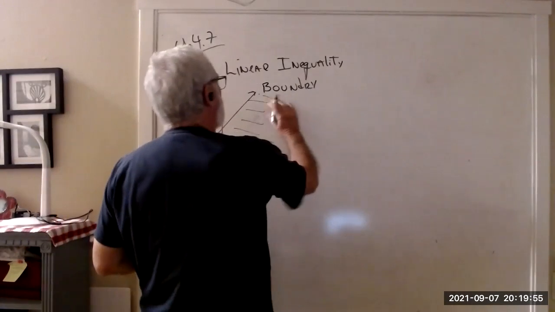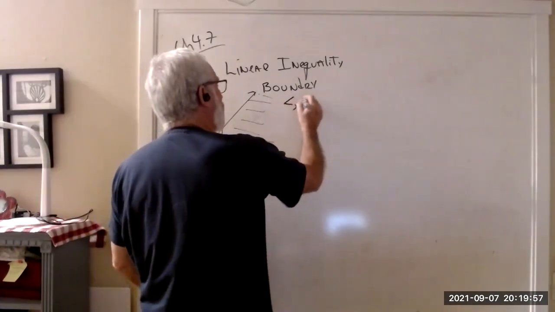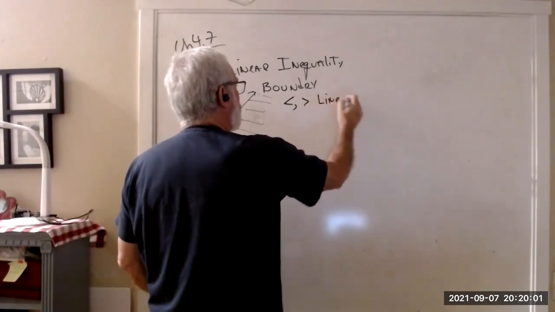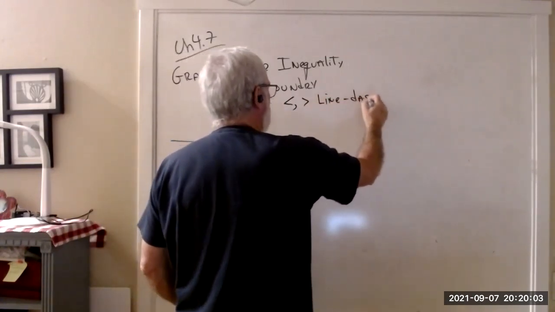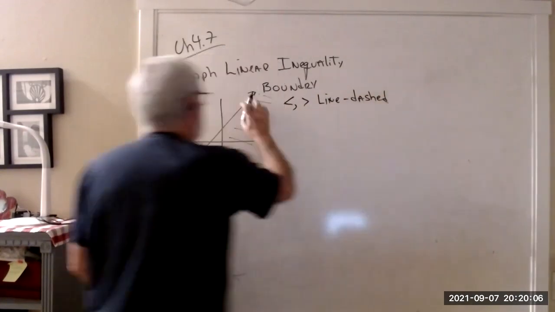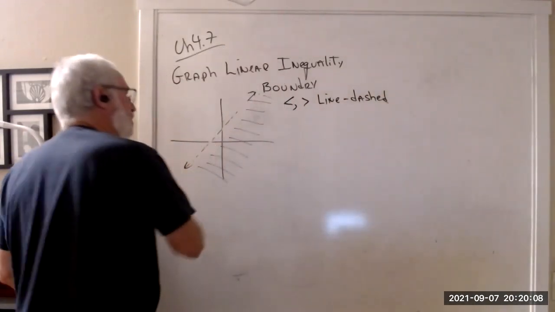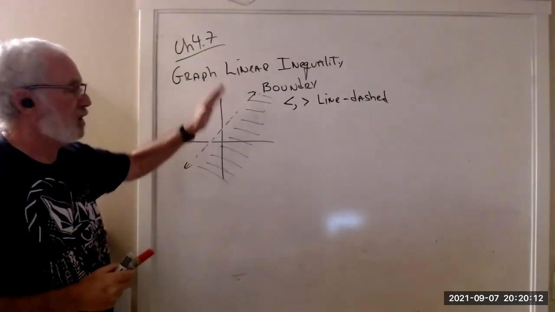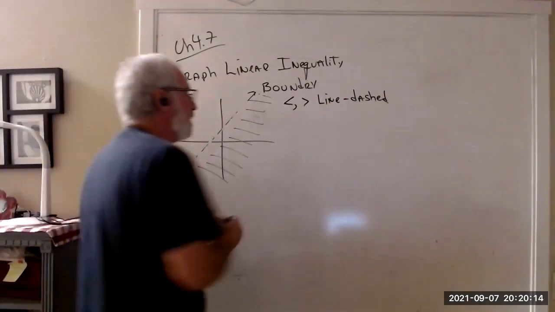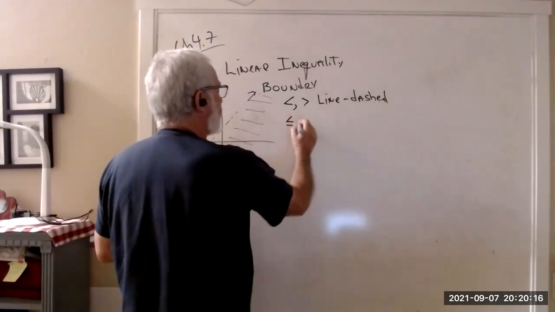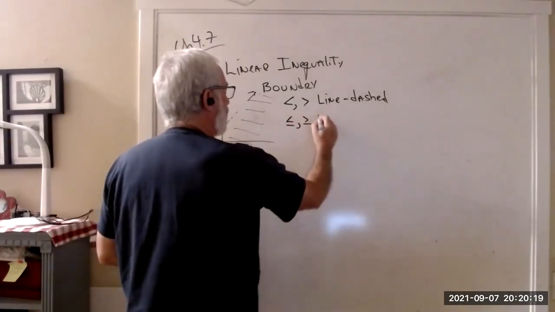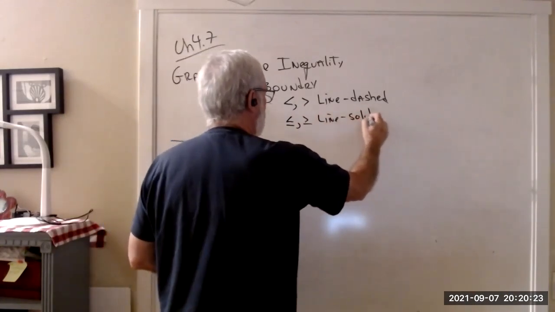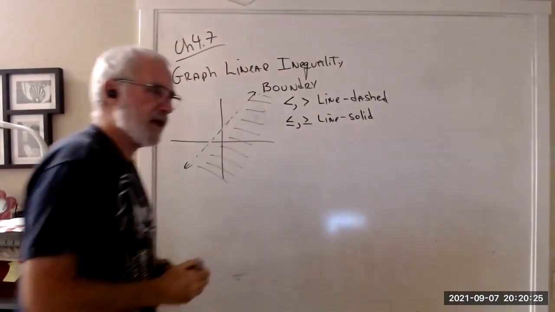If you use a less than or a greater than, then your line should be dashed, meaning dotted. Your boundary line is a dotted line. But if it's a less than or equal or greater than or equal, then your line should be solid. And that always confuses the heck out of students.